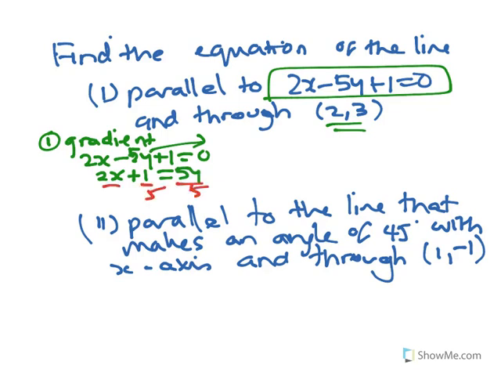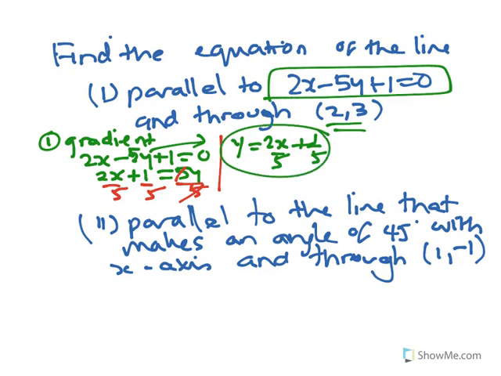Divide by 5, and you end up with y equals 2x on 5 plus 1/5. So that means the gradient is 2/5, and you have a point which is x1, y1, (2, 3). So y minus 3, because it's the y1, equals 2/5 (x minus 2), which is the x1.